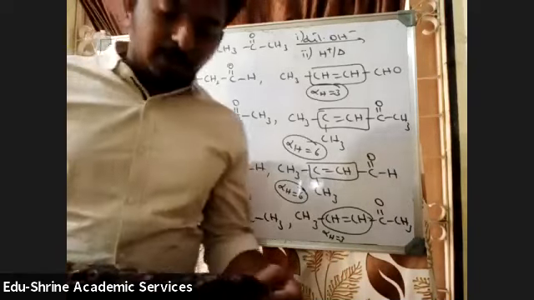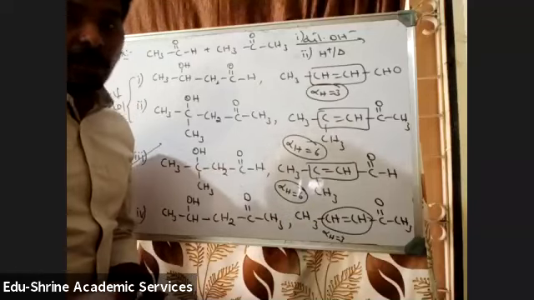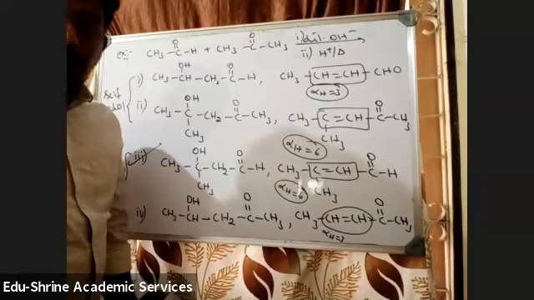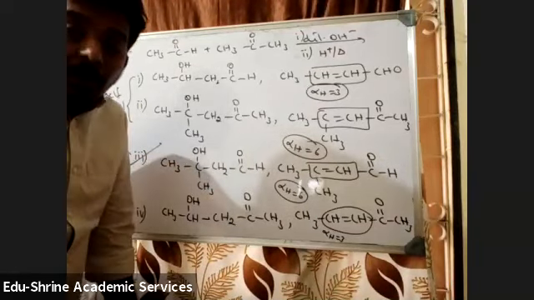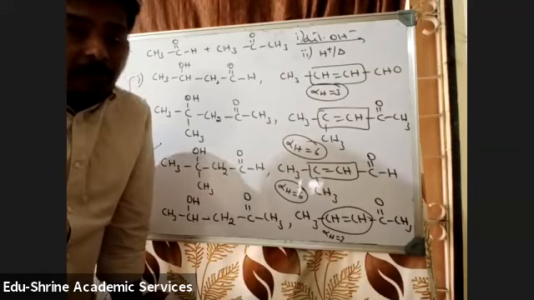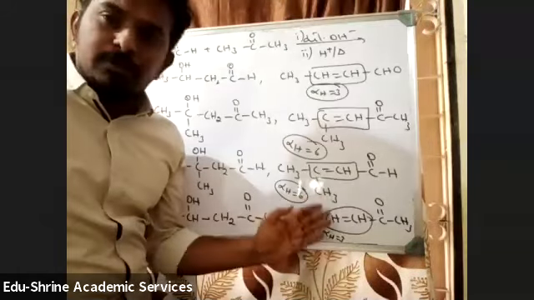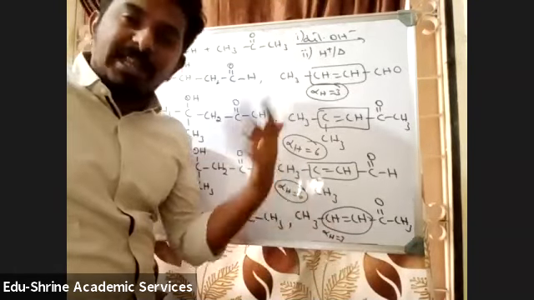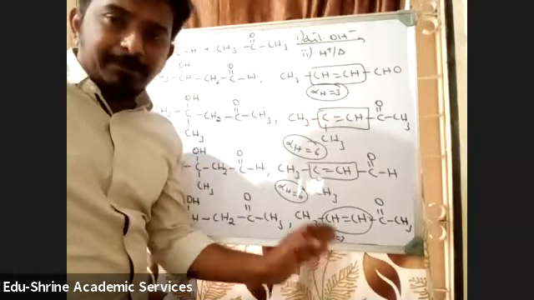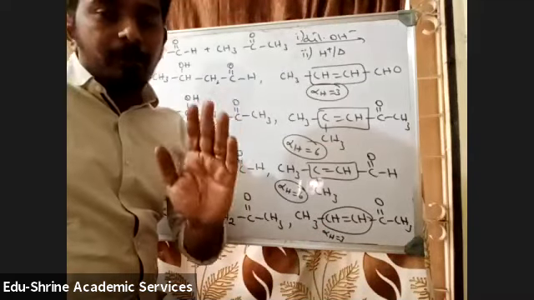So this is about the first case in crossed aldol condensation. So how you are going to get 4 different types of products. Okay. So no one will ask you the more stable one. At a higher level, they can ask, but writing the 4 products correctly is very important.